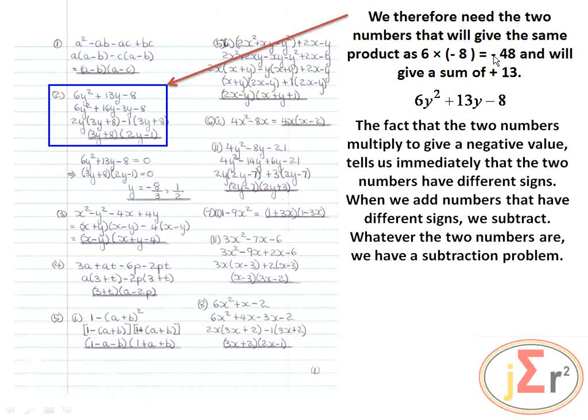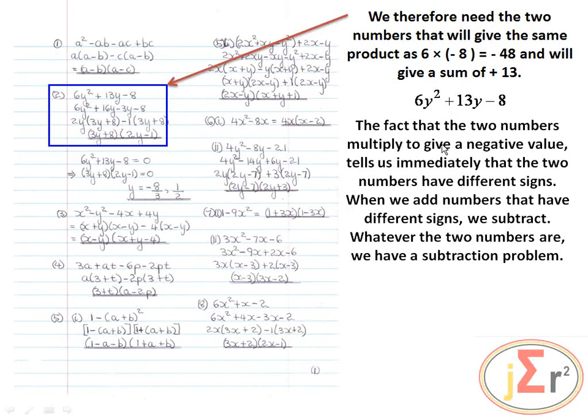Therefore, we are sure that they are of different signs because the result of multiplication is negative. We are sure that although they have different signs, the larger one is positive, because when we add them, subtracting the smaller from the larger, the result is positive.